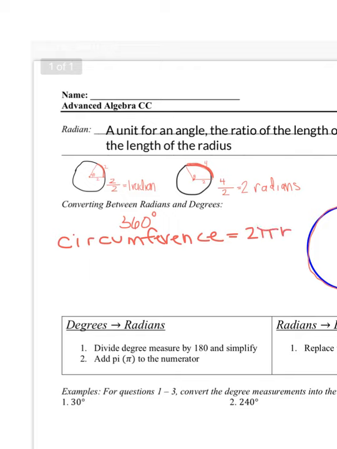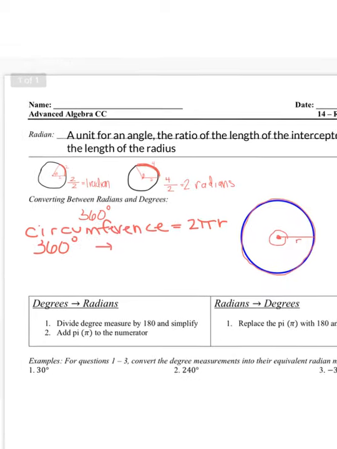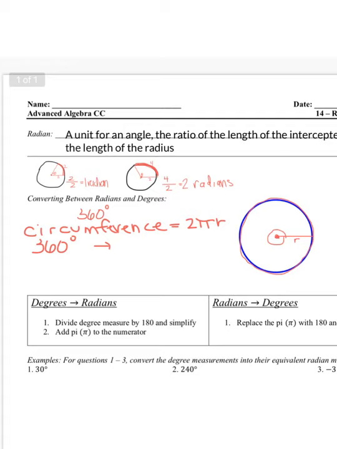So if I'm talking about 360 degrees in radians, that would be the intercepted arc, which is the circumference, 2 pi r, divided by the radius, which is r. These cancel. So this is the conversion: 360 degrees is the same thing as 2 pi radians.